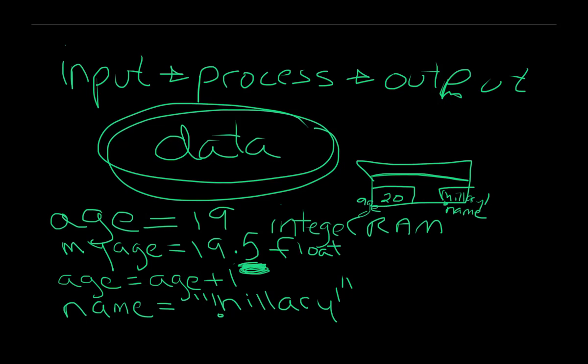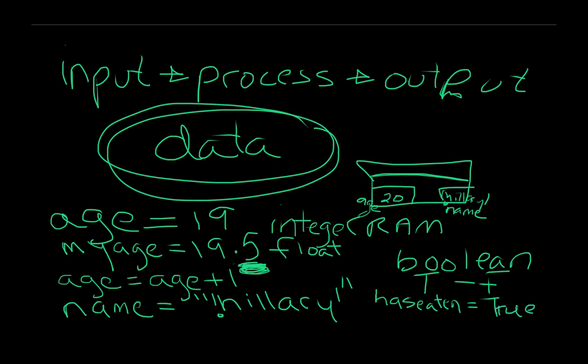These are the main basic data types we're going to be using. In addition, the other basic data type is going to be what's called a Boolean data type. And this is basically true or false. These are the only two values a Boolean can have. So I could have something like, maybe the name of my variable is has eaten, and that would be true. Let's say I've already eaten today. So this actually gets stored in here.